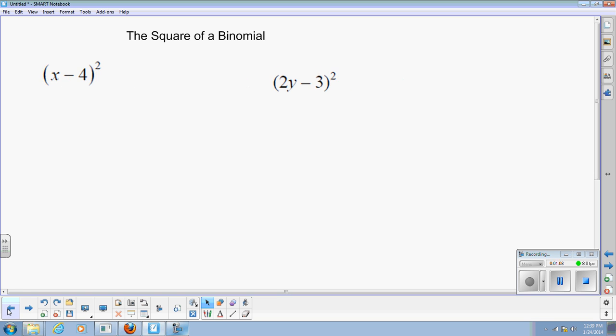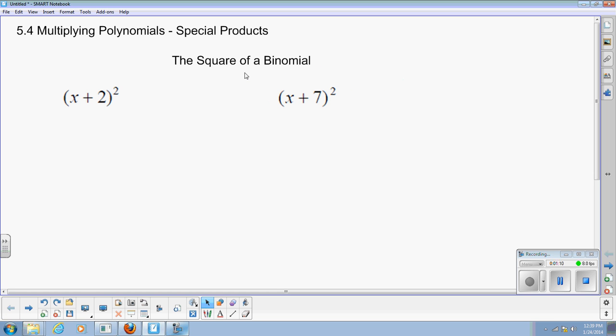So let's go back. Square of a binomial. So I have x plus 2 squared. When you have x plus 2 squared, that is the same thing as rewriting it as x plus 2 times x plus 2. That is what x plus 2 squared tells us to do.